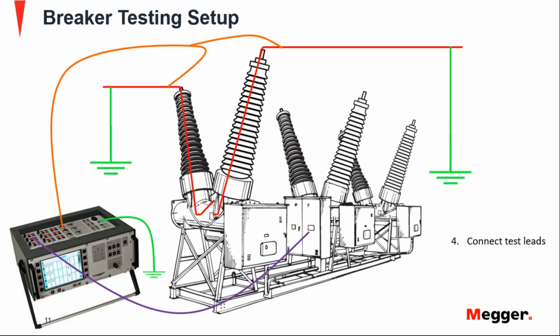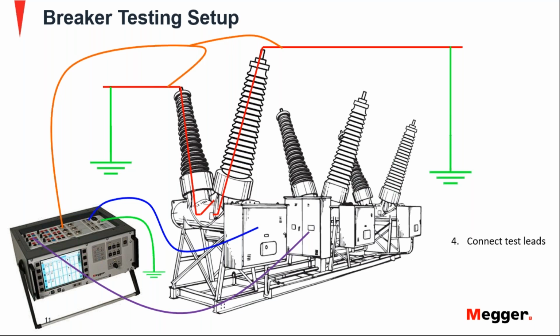And then if you are going to measure the travel or the motion of the breaker, you need to connect the transducer. So a very schematic representation here. In the blue line, we are going to the box that contains the mechanism of the breaker for this specific pole, and we are going to one of the channels of the circuit breaker analyzer.